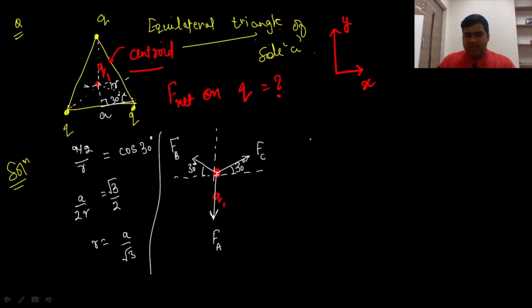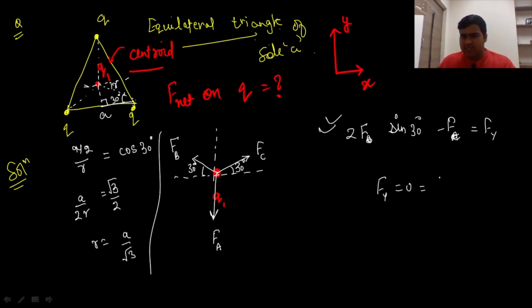So I can write 2Fc sine of 30 degrees minus Fa, that will be Fy, and in the x direction the net force will be cancelled out. If you see, this sine theta is also 1 by 2, so Fy is also zero, and that is equal to Fx. This is an important concept you have to keep in your mind.